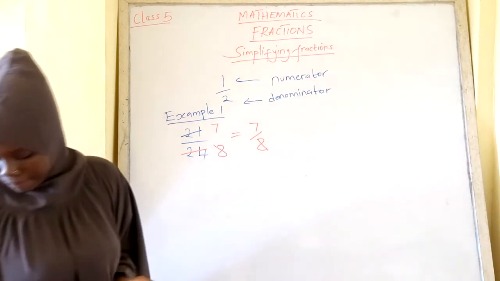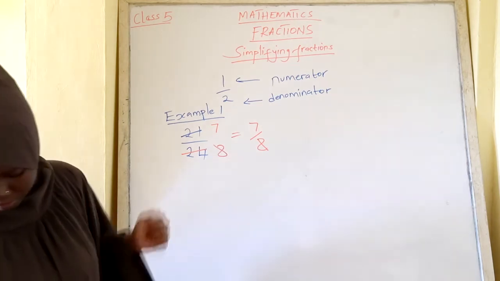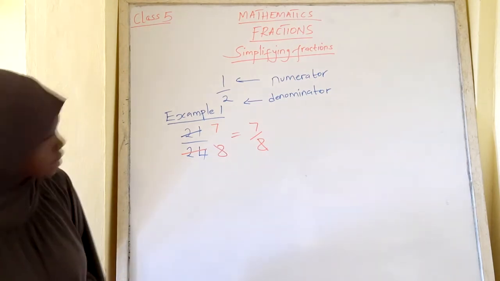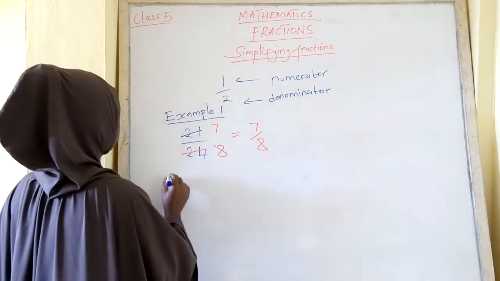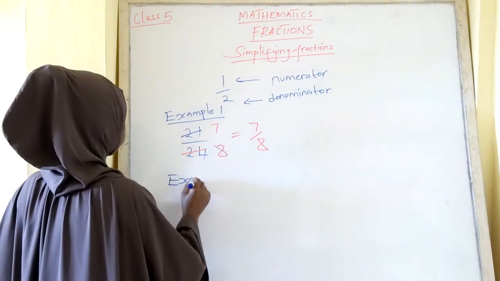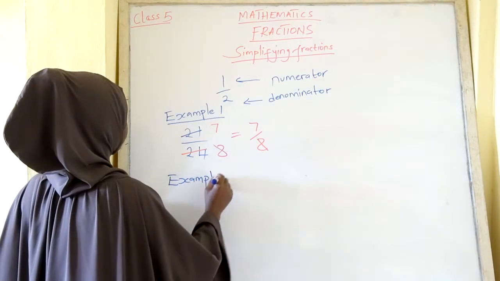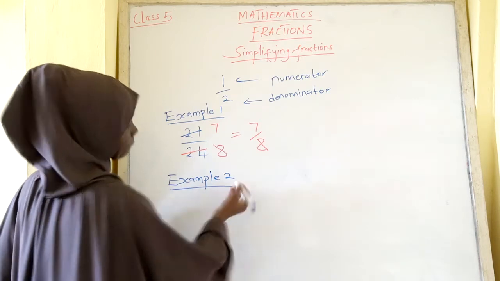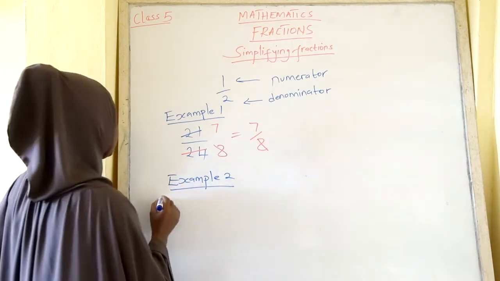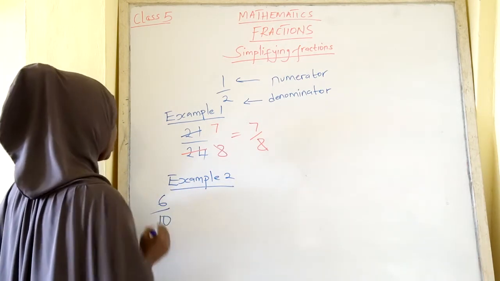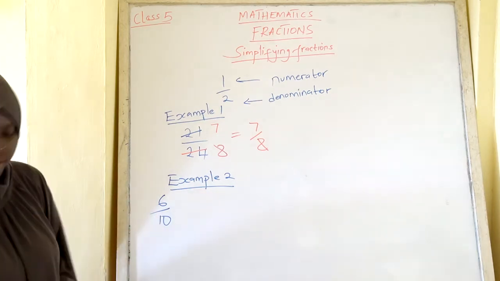Our next example, it will be 6. We are told to simplify this fraction 6 out of 10 in its simplest form.